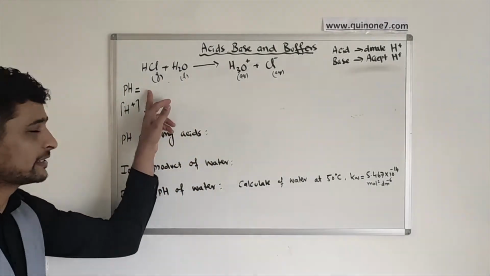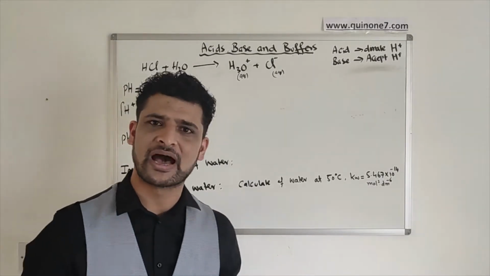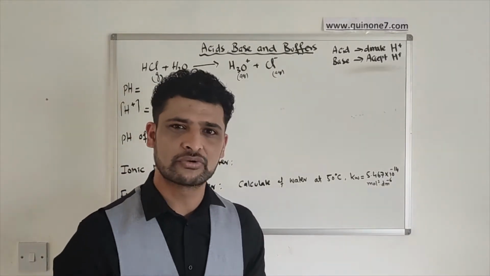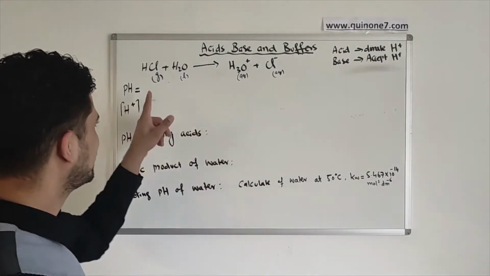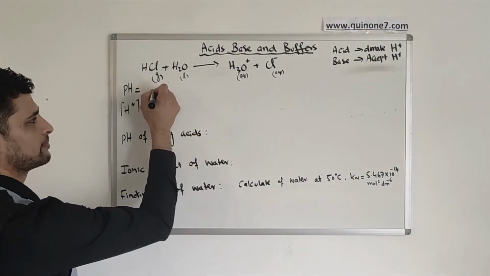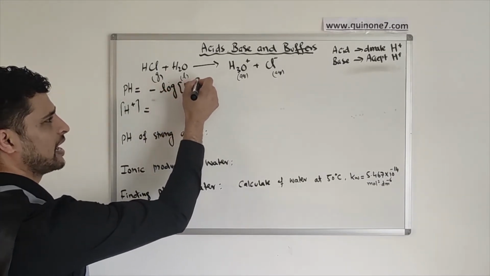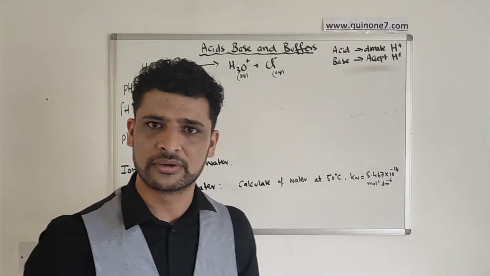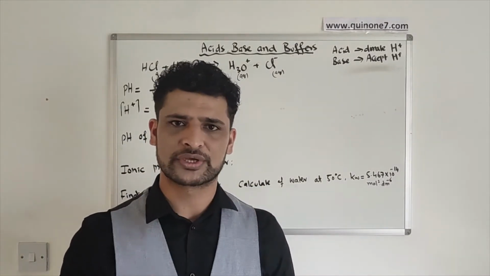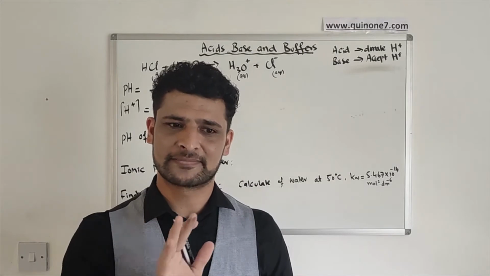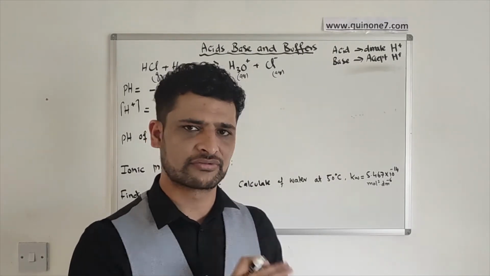Now, if you look at the pH, to find out the pH, your primary focus is to get to the H positive ion concentration. If you don't get the H positive ion concentration, there's no way you can find out the pH. The pH can be calculated by taking the minus log of H positive ion concentration, which is in moles per dm cube. So your focus in the whole question, whether it is related to acids, bases or buffers, is to get to the H positive ion to find out the pH.